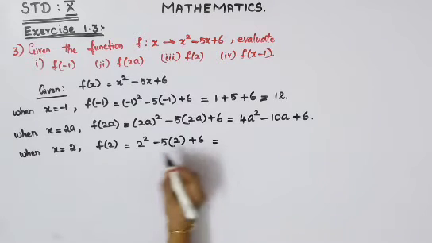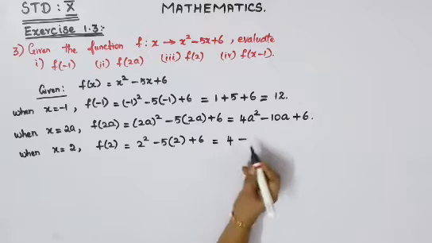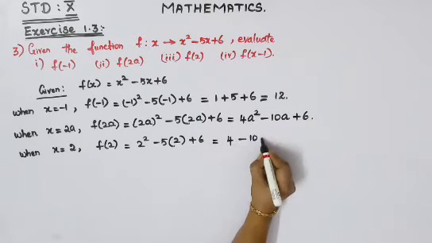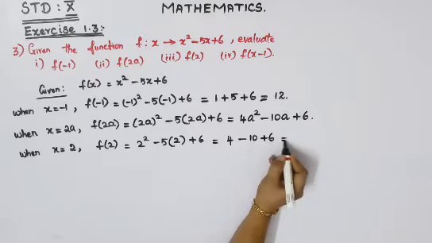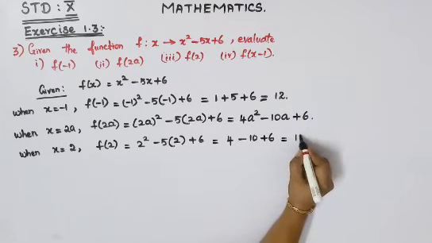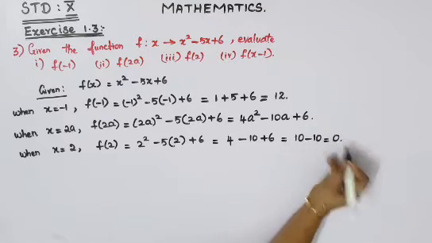So that is equal to 2 square will become 4 minus 5 2s are, this will become 10. Again this plus 6 is there as it is. Now adding 4 plus 6 it will become 10. So if you want you can write as 10 minus 10, which is equal to 0.